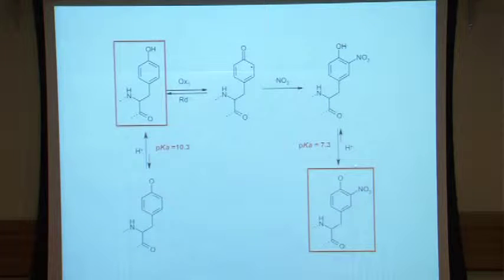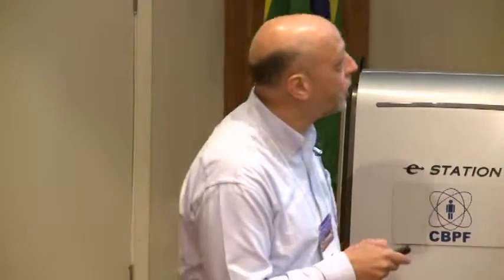There is a minus sign that you might not see, but it's there, it's very thin. So you go from here, which is the predominant form at pH 7.3 of tyrosine, which is the phenol. When you nitrate, you go to the phenolate because the pKa of this group drops. So just the nitration per se is providing an extra negative charge in that particular tyrosine, in addition to having an extra moiety which increases the size.